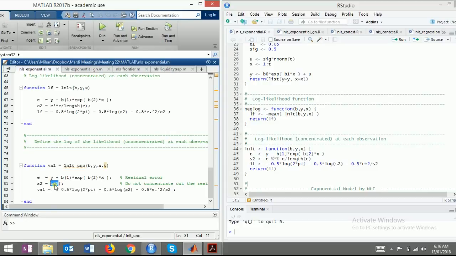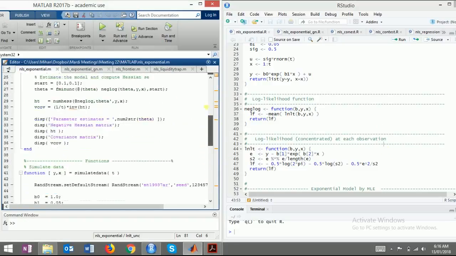Basically, the third parameter is sigma square, beta 3, that is estimated with maximum likelihood estimation. We're not defining it. Because we always need the residual, we cannot simply concentrate it out. We're letting the system estimate the residual, so it is unconcentrated. So those are the functions.